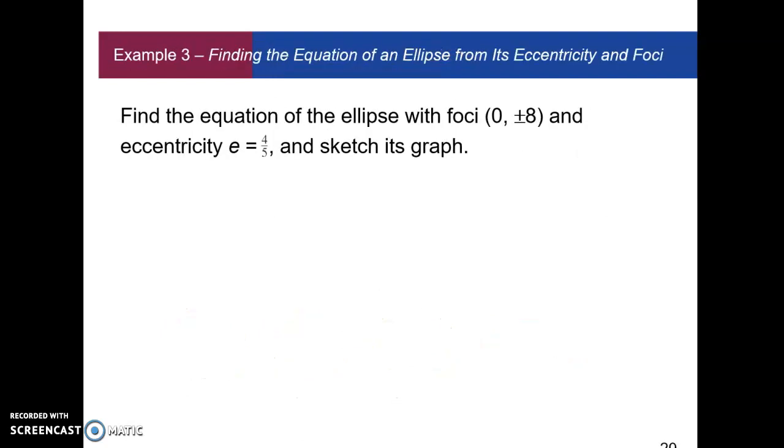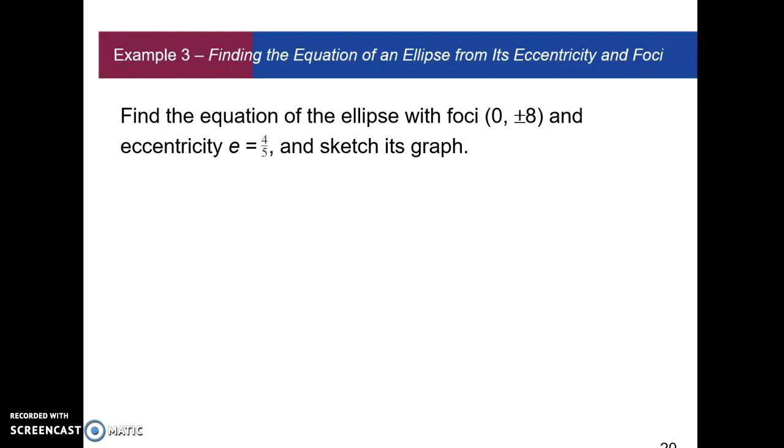So let's say we've got an ellipse whose foci are at 0, 8, and 0, -8. Well, notice first that they are on the vertical axis, which makes this a tall ellipse. Therefore, the vertices are going to be at 0, A, and 0, -A.